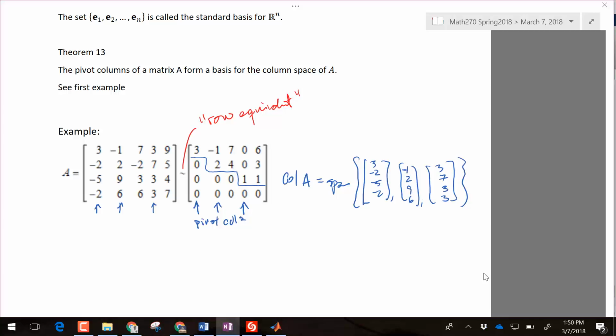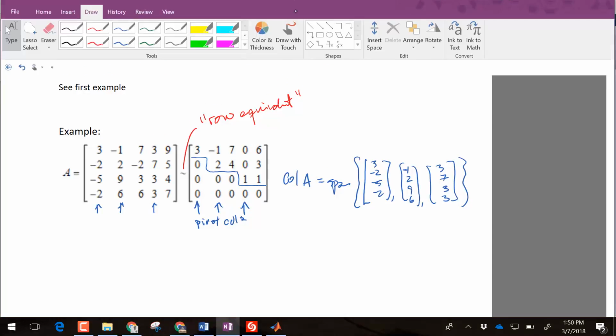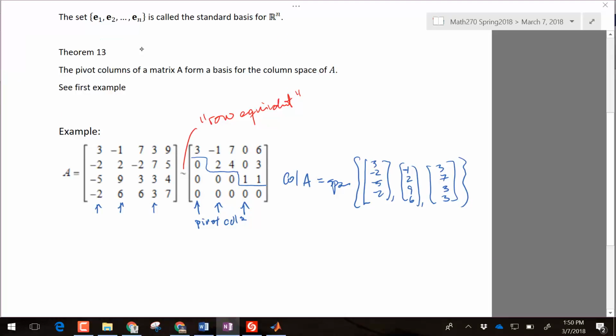So the row space, what spans the same space? That's for the rows. The columns are different. An important thing to remember is that you can't use the reduced form for your column space.